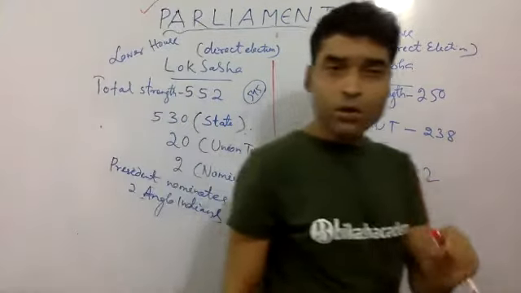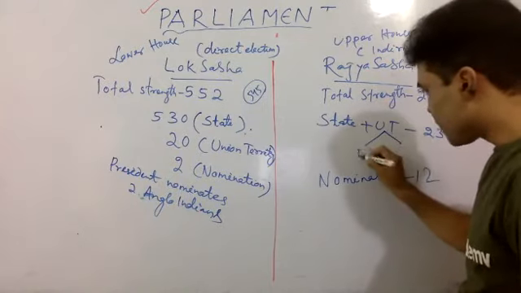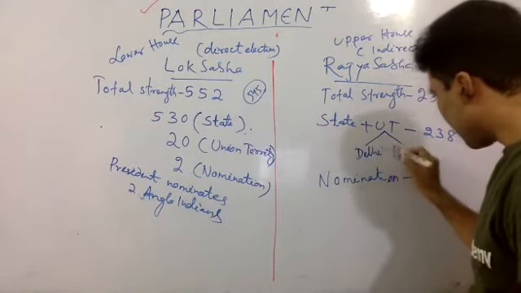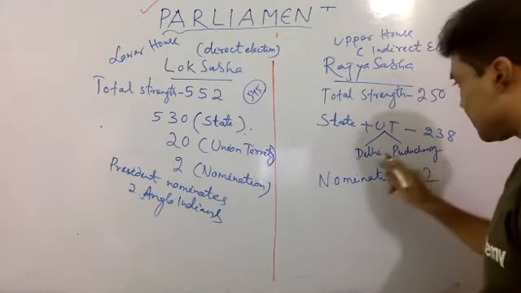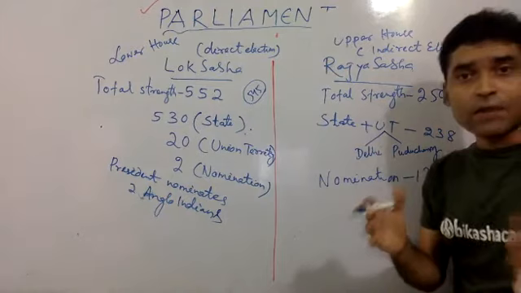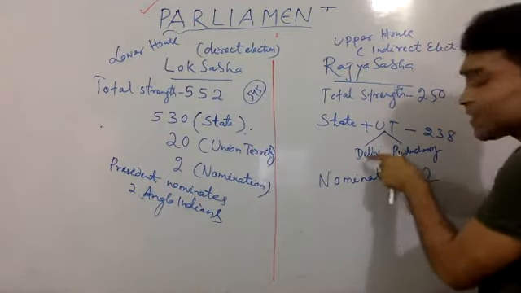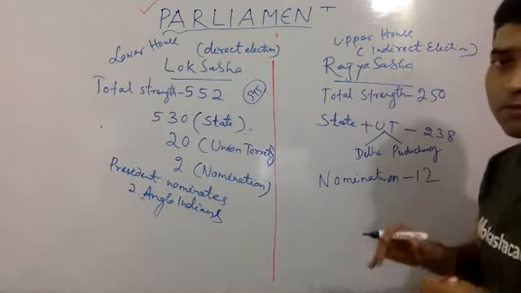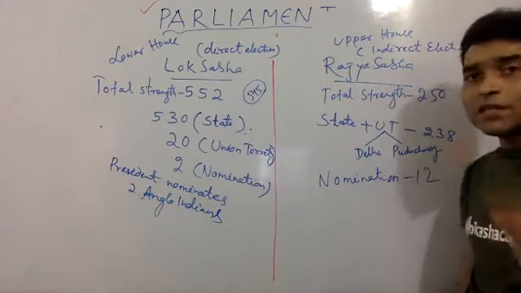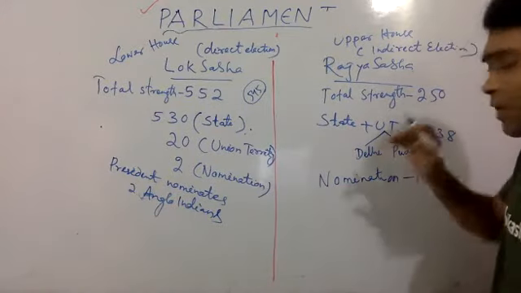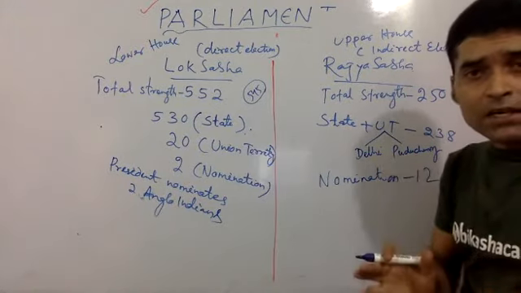Here you have to remember one important point. In union territory, it's only Delhi and Puducherry, right? It's Delhi and Puducherry having legislative assemblies, so they can elect and send their members to Rajya Sabha, because Rajya Sabha election is done by the members of legislative assembly. So only two union territories, Delhi and Puducherry, have legislative assemblies.